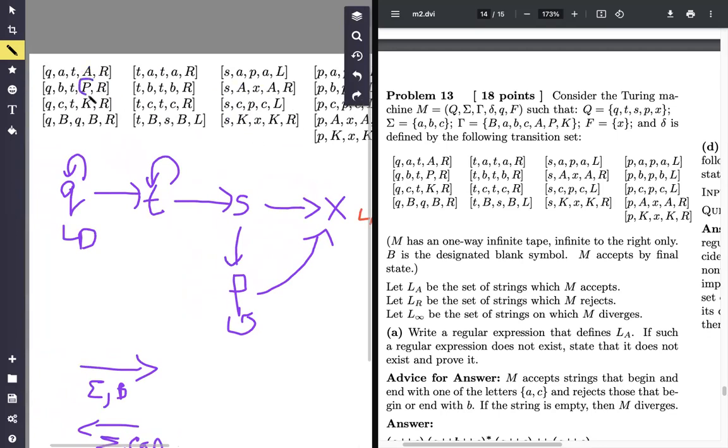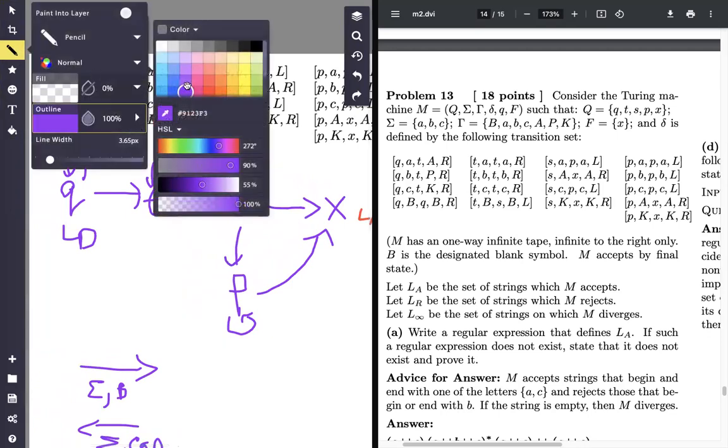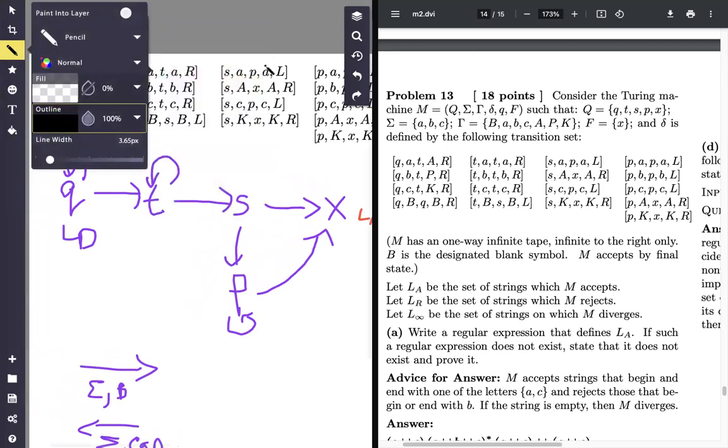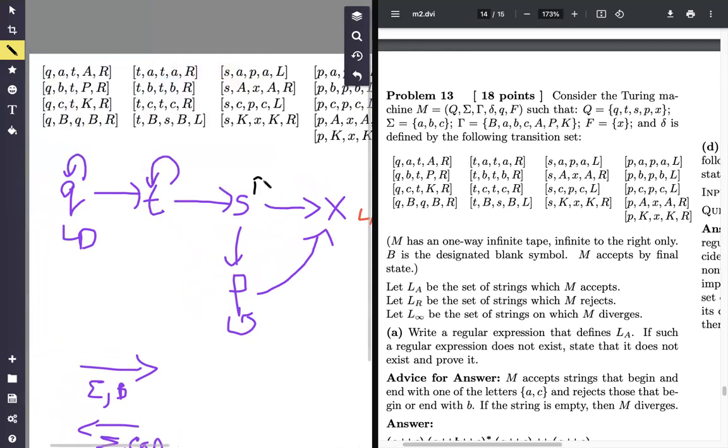It's not able to handle a P. So let's write that down. Right, can't handle a P. And it also can't handle a B. And so we can reject on state S. It's possible.